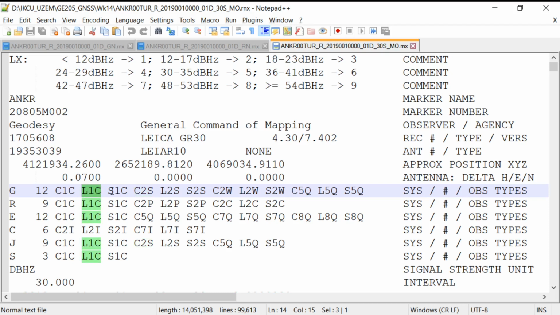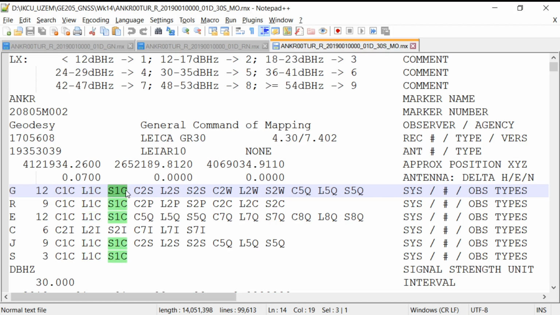As you recall, phase observations are not scaled. These are only the number of cycles, beginning with an initial value whose numerical value is not known, and these phase cycles will be counted by the receiver. And in each block there are three numbers: the first number is code or pseudo-range observations, the second is phase observations, and the third is the signal to noise ratio.